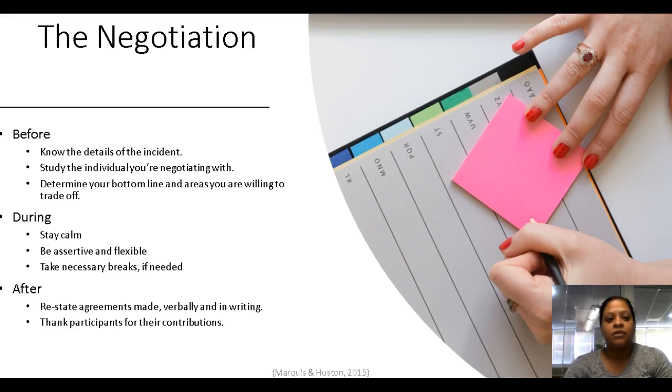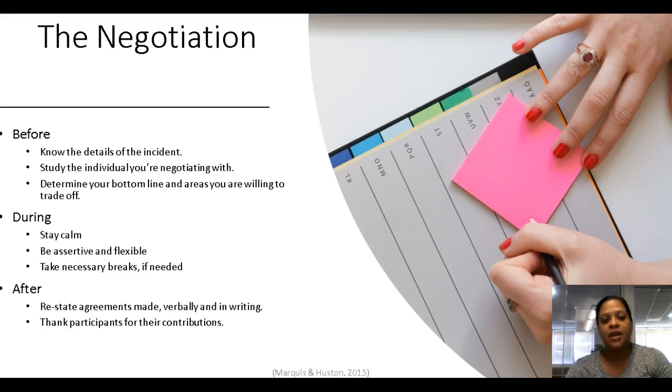And lastly, they need to recognize the goal of the negotiation, which is patient care satisfaction and conflict resolution. They should determine what their bottom line is and what areas they're willing to trade off.